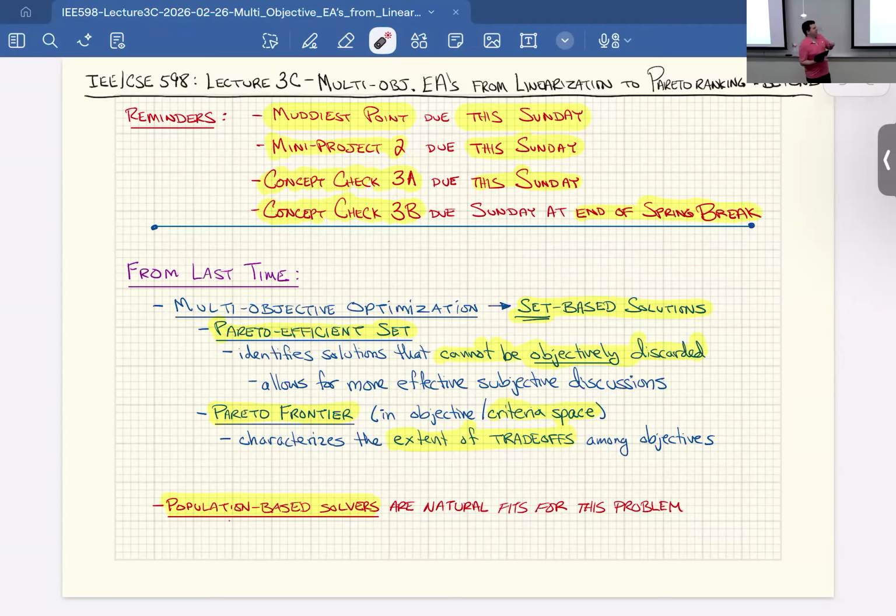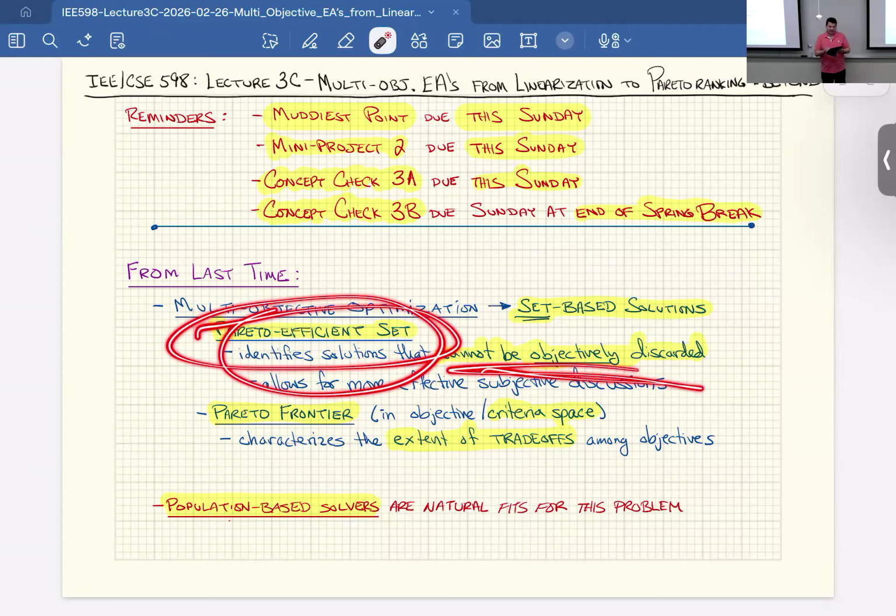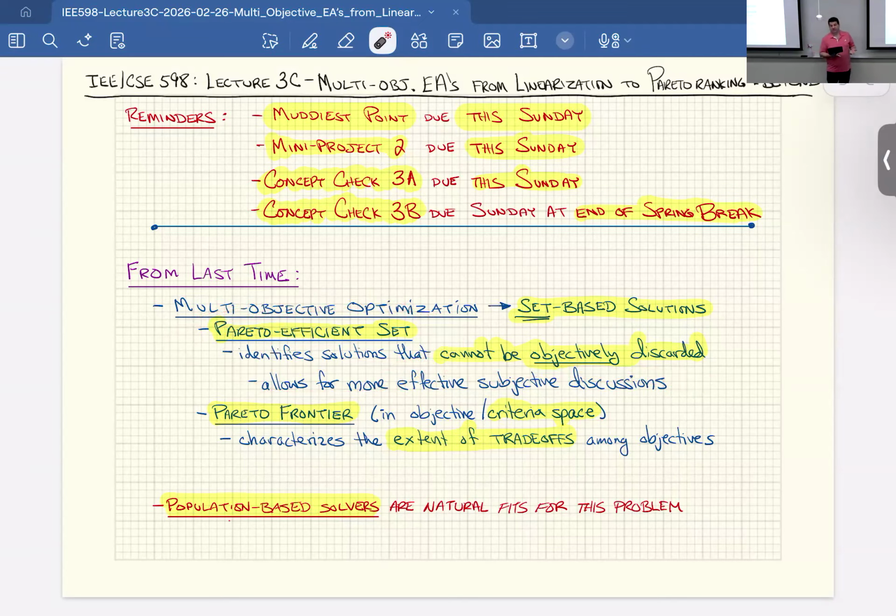If someone just tells us what multiple objectives they care about, but they don't tell us the weightings, that is a lot of information, and we can then exclude lots of solutions that are so-called dominated by other solutions. So, solutions where there are other solutions that can do better in all objectives. And so eventually we come out with a Pareto-efficient set of solutions that cannot be dominated, and so we cannot just discard them.